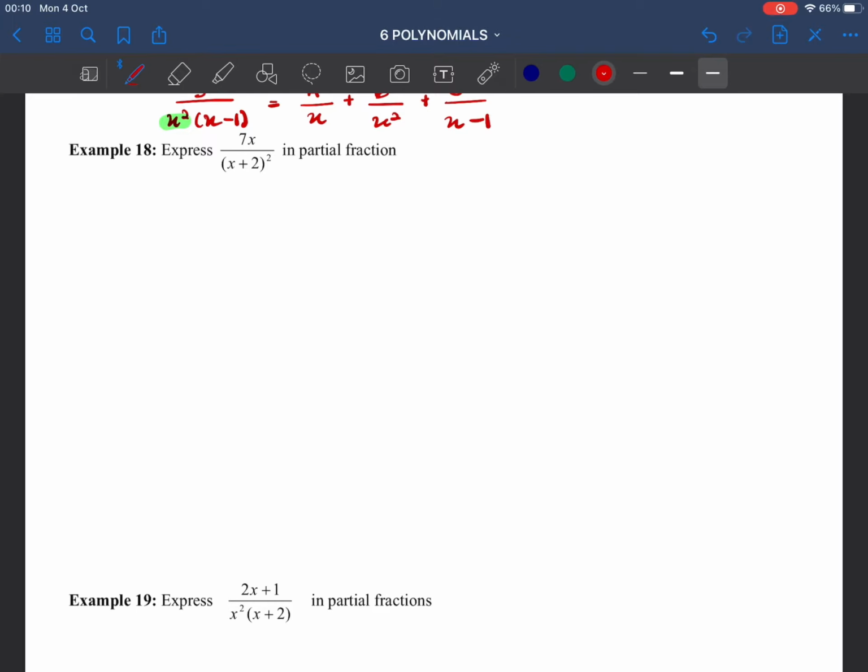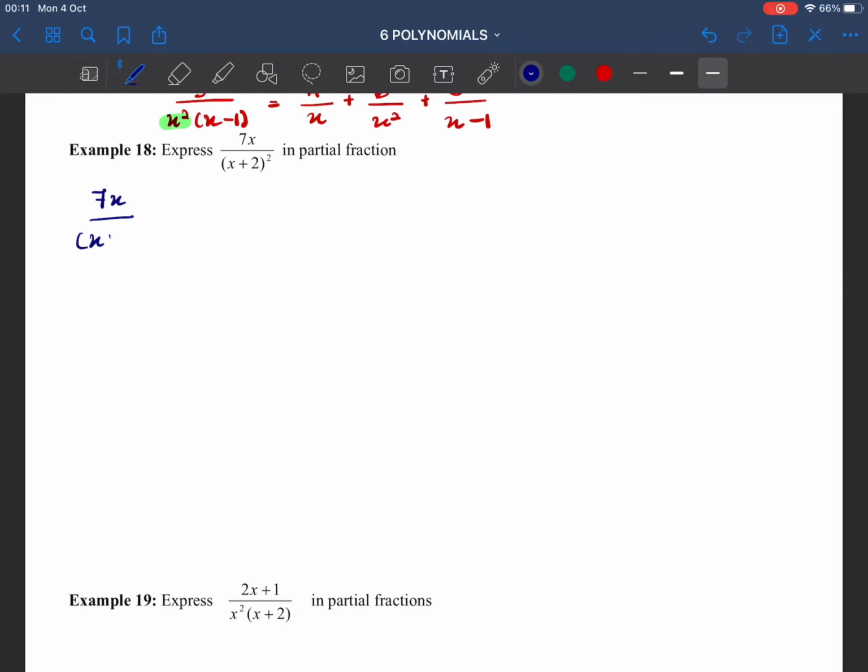First we have to identify, is this a proper fraction? Okay, so nampak dekat situ kita ada the degree of numerator kita 1 and degree of denominator kita square. So this is a proper fraction. So then check the factor. Kat sini kita ada a repeated factor, x plus 2 square.